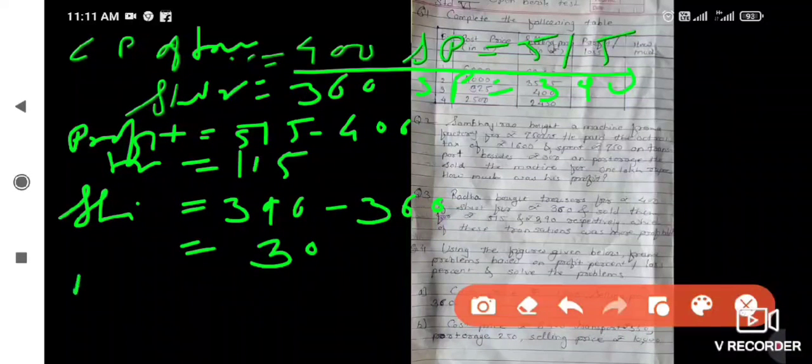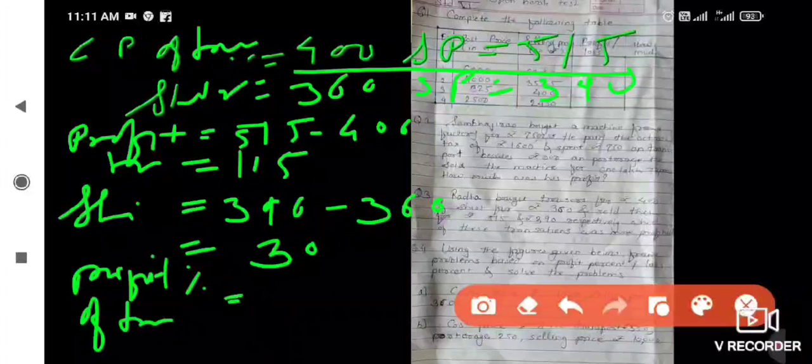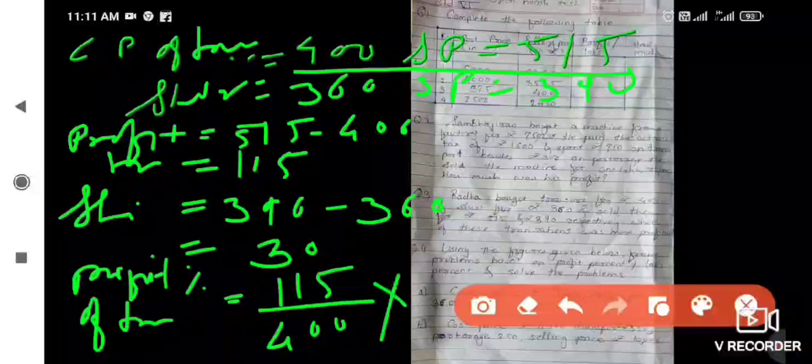So profit percent of trouser is equal to, what is the formula for profit percent? Profit upon CP into 100. Profit in the trouser transaction is 115, upon CP 400, into 100.